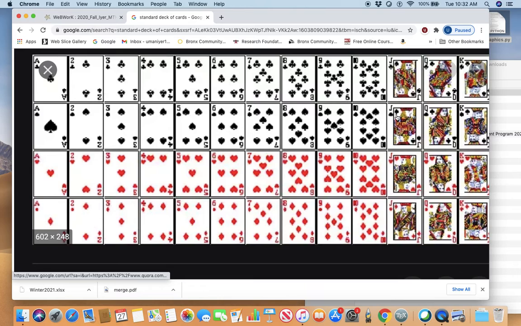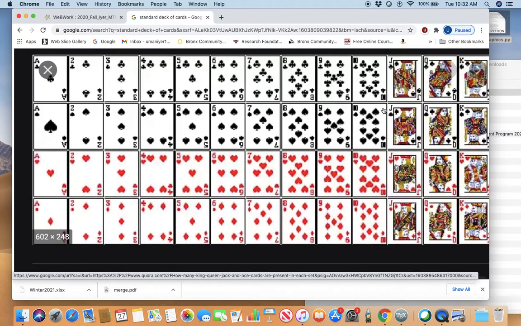Black cards are these cards, so 26 cards. Face cards are these cards. All right. So you have black cards 26, and then 1, 2, 3, 4, 5, 6. 26 plus 6 is 32.